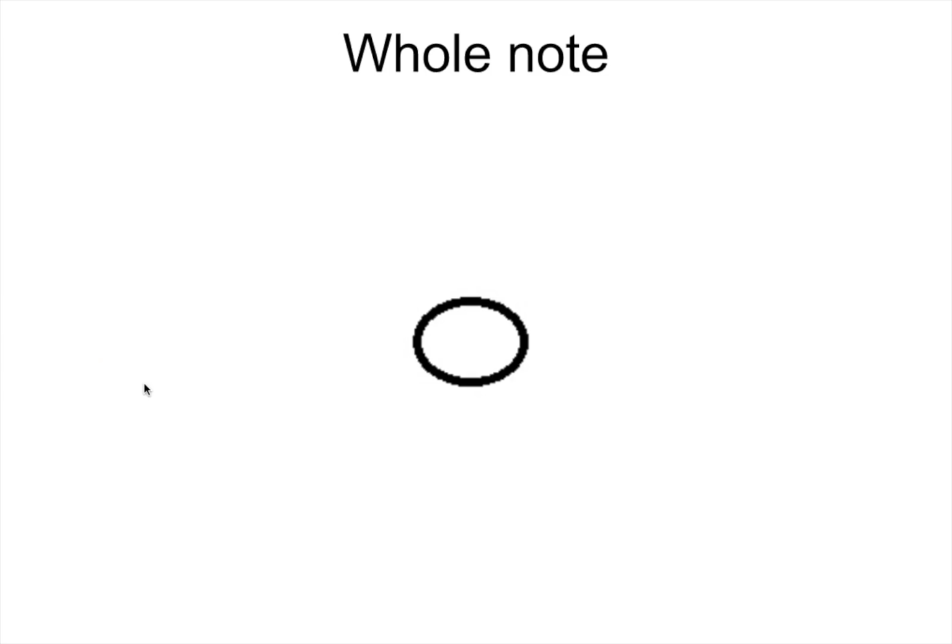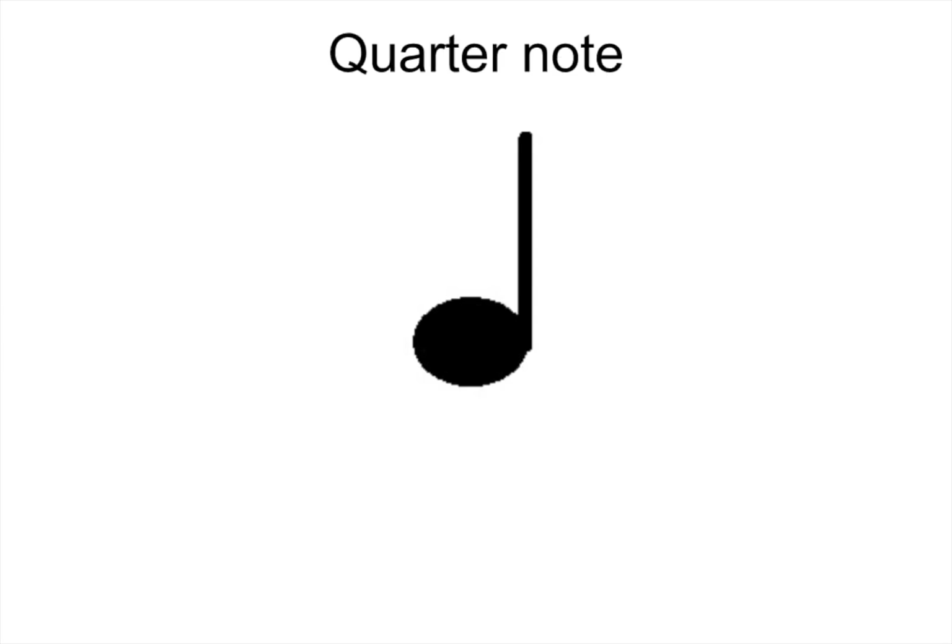A whole note in 4/4 time, as you might have guessed, would be 4 beats or a whole measure. Then we're going to add a stem to that, and that gives you a half note worth 2 beats of a measure. And then we're going to fill in that to make it a quarter note, and as you've surely guessed at this point, that's going to be 1 beat of the measure.